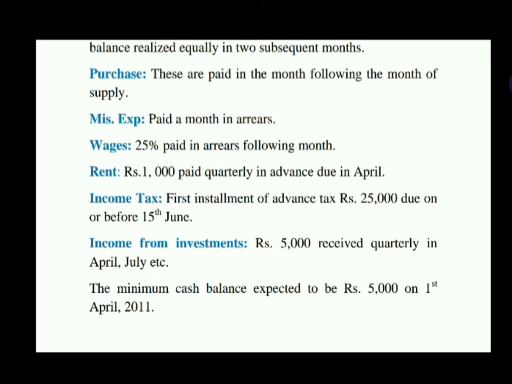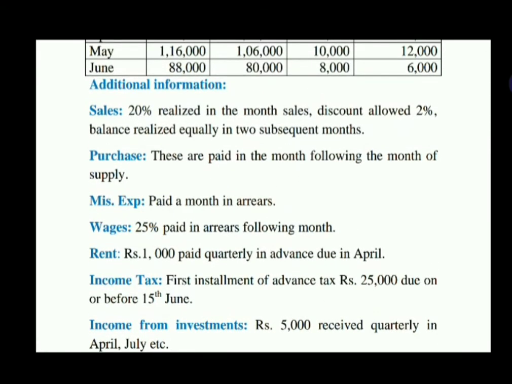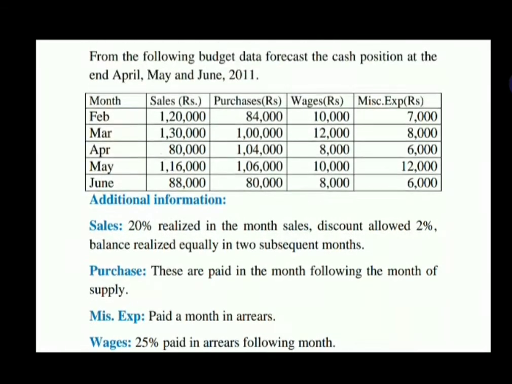So what is the minimum cash balance? That means the opening cash balance on 1st April 2011 is 5,000. So here this is a problem. By taking into consideration the additional information and the above information, we need to estimate or forecast the cash position at the end of April, May and June 2011.